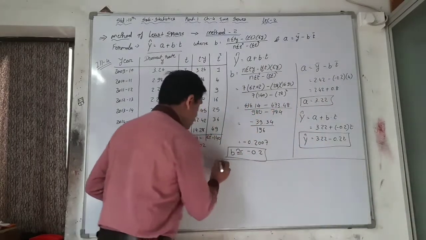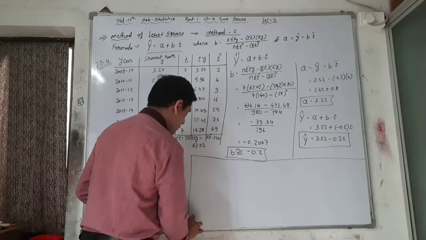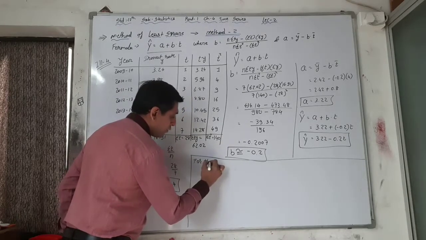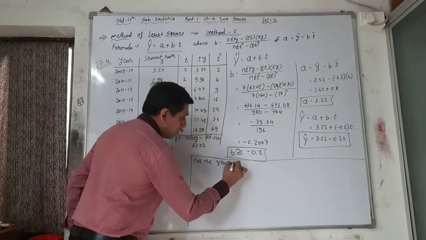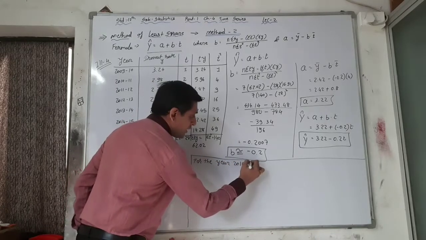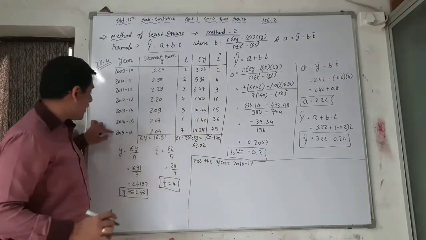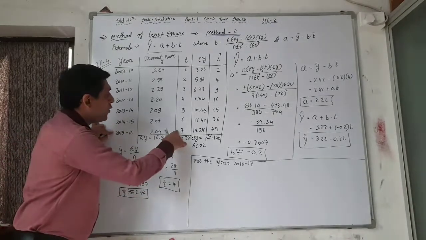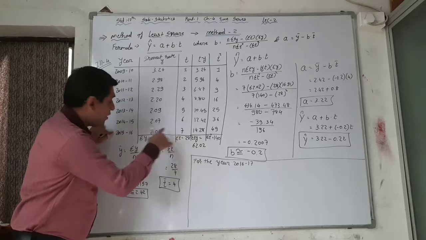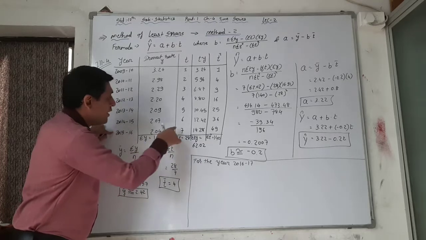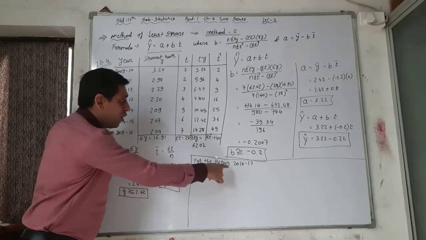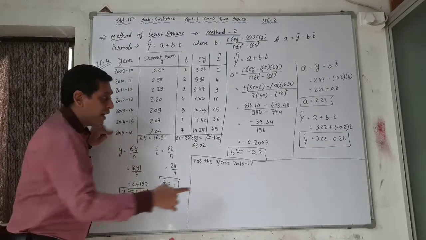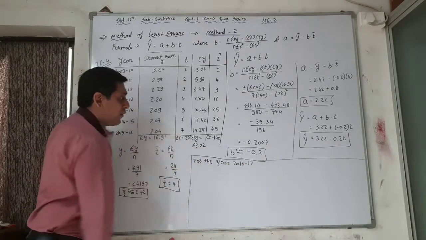So for that, first of all we are writing for the year 2016-17. See here, what is our last year? 2015-16, and for that we are taking 7, right? For the next year, after 2015-16, what is the next year? 2016-17.